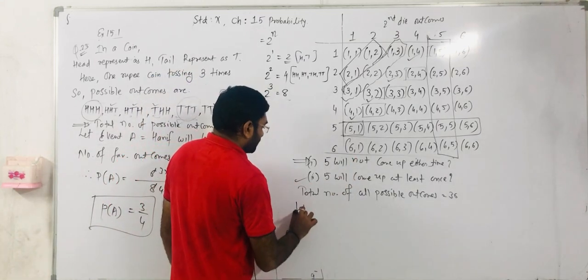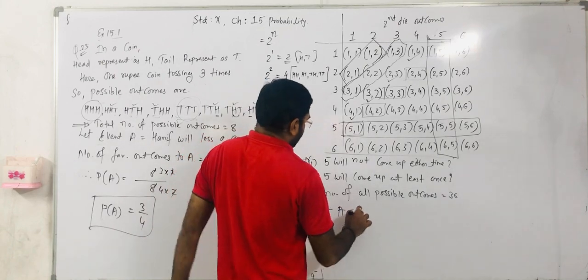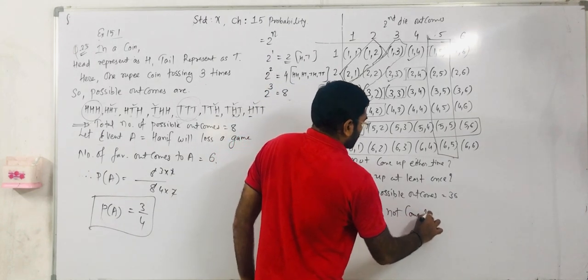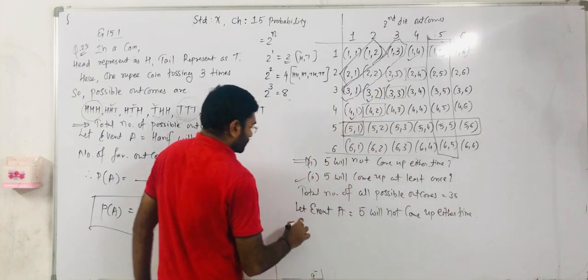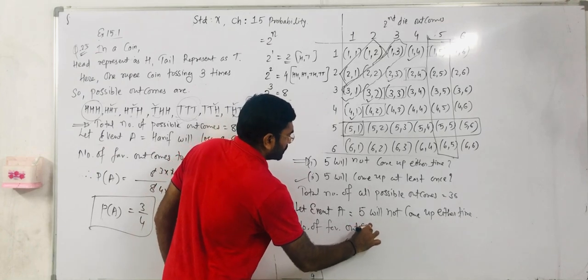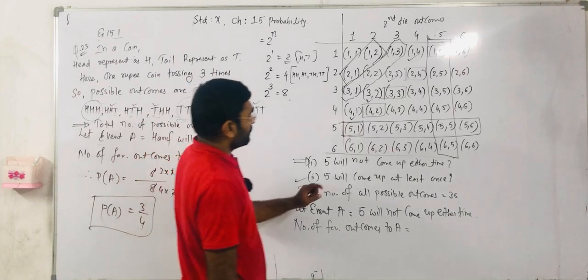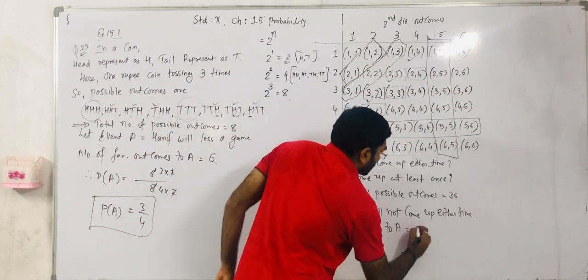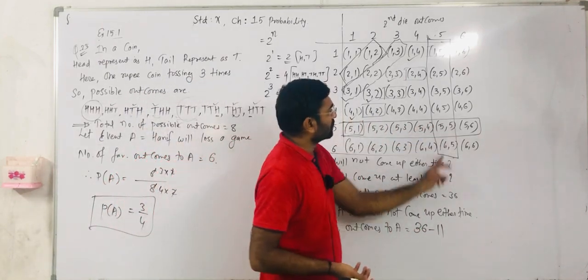Right? So let me take the event A, for our question. Event A represents 5 will not come up either time. Its favorable outcomes we have to write. The number of favorable outcomes to event A: as I told you, the total number of outcomes is 36, from which we subtract the 11 outcomes.